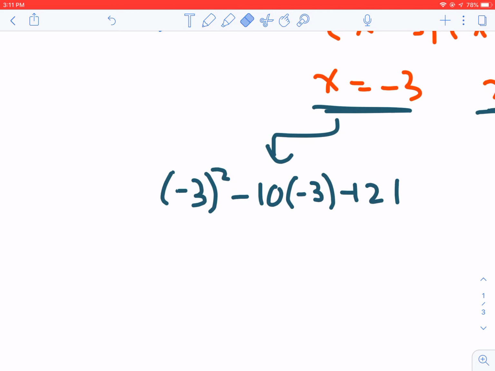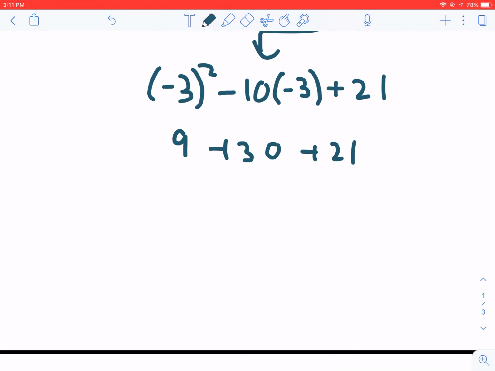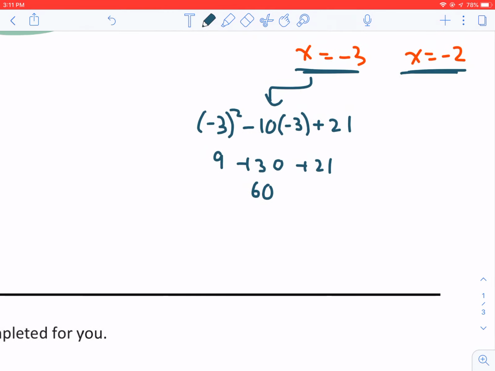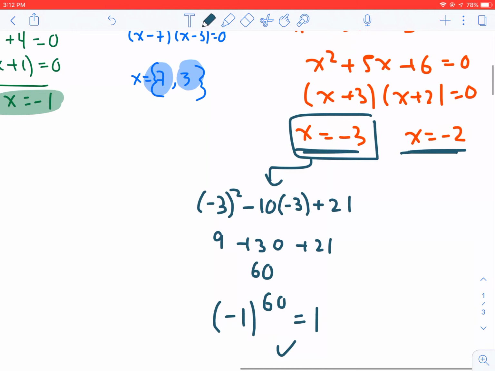Is that going to give us an even exponent? For x equals -3, this is 9 plus 30 plus 21, which is 60. So when x is -3, we get -1 to the 60th power, which is equal to 1. That checks out. This is a valid solution.